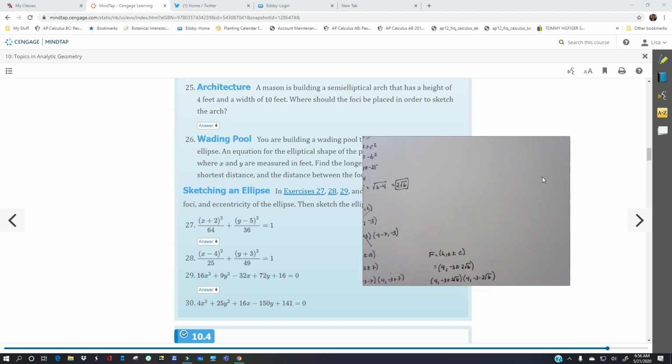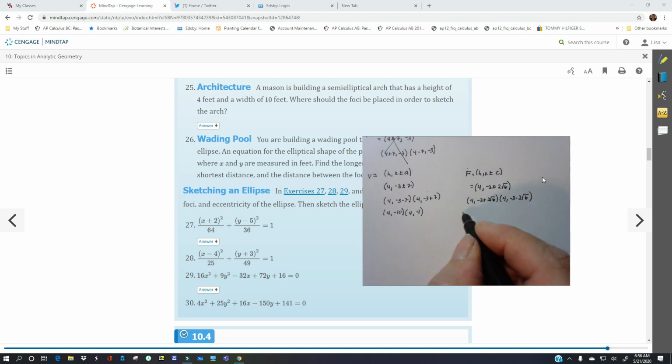To graph it, piece of cake, right? Oh, these wires are driving me wild. So let me bring my center back down here. My center is 4 negative 3. That's my center. A is 7, B is 5, and C is 2 root 6, although we don't need this anymore.